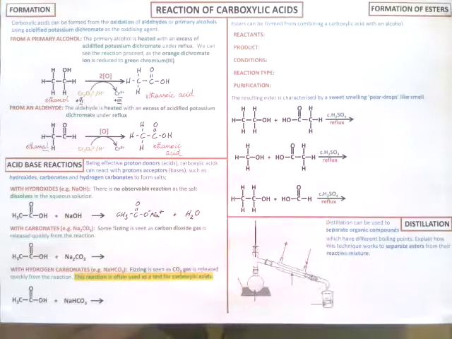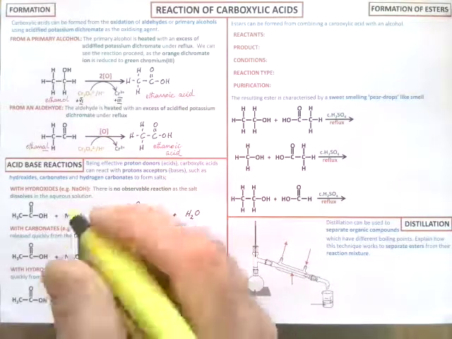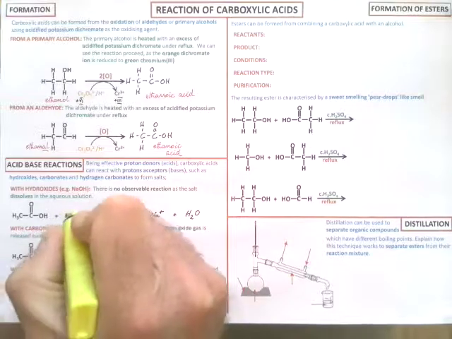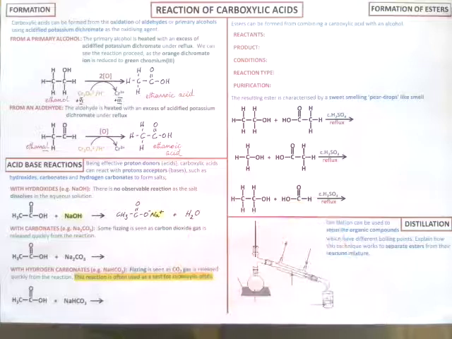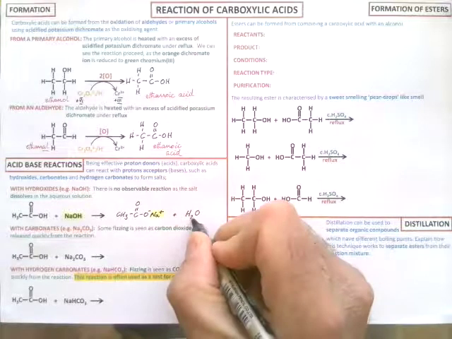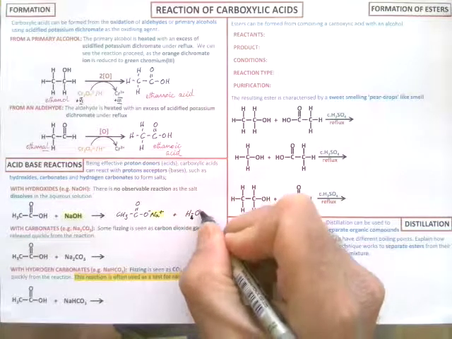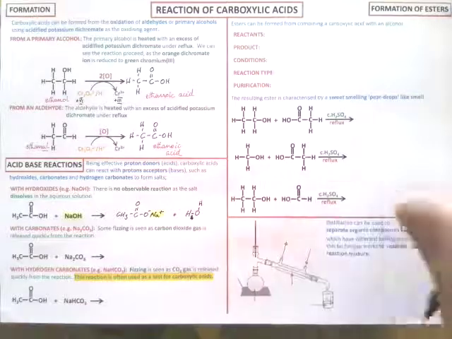So for those of you who like your colour coordinating, maybe we can show sodium hydroxide here. There's our sodium, and part of that, if you prefer, I can show that like this, can write the water like this.